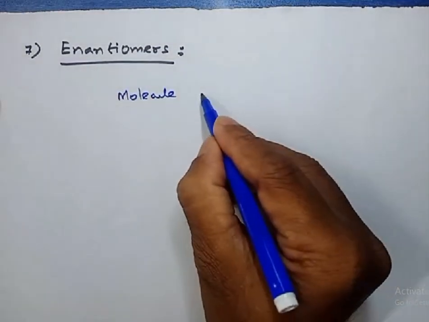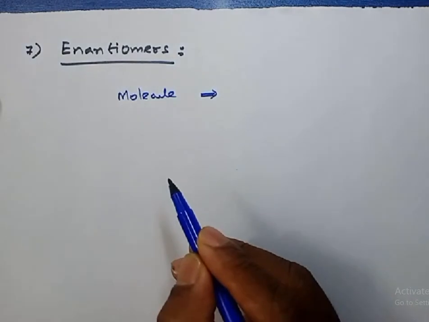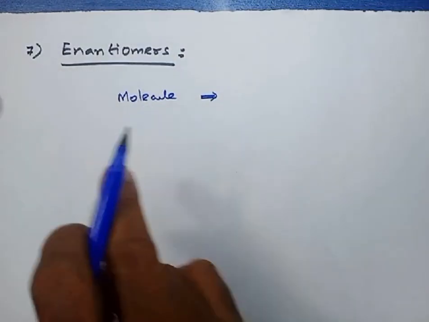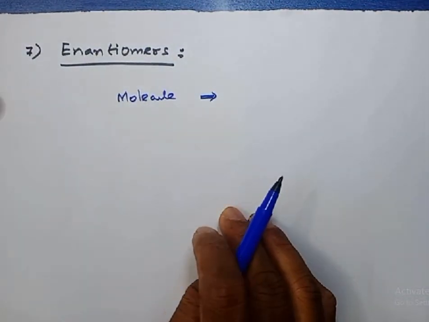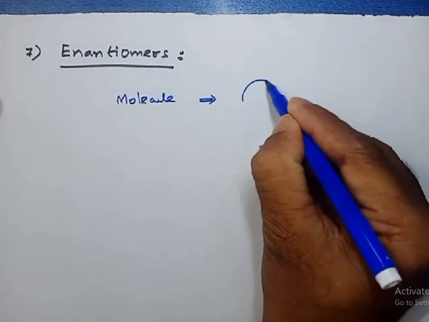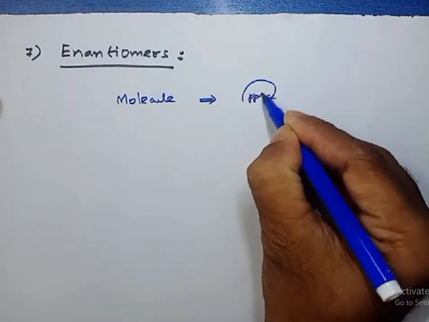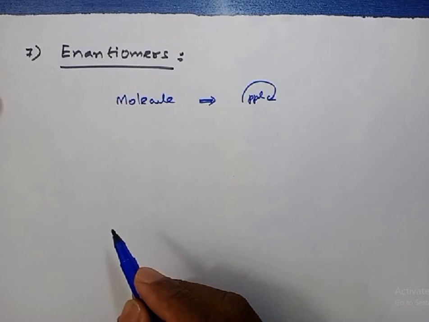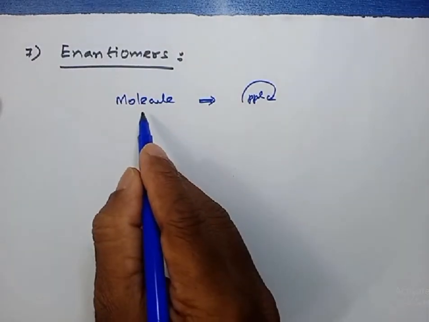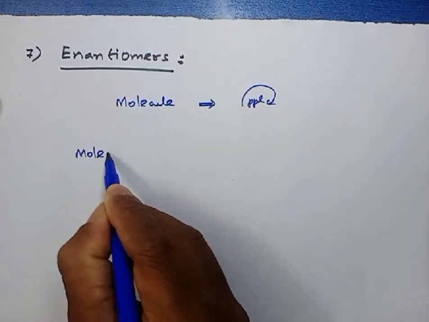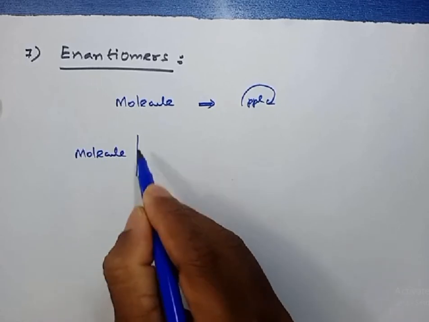Through experiment I find out whether the molecule rotates the plane polarized light clockwise or anti-clockwise. Suppose the molecule rotates the plane polarized light in the clockwise direction. Now listen, the mirror image of this molecule, right? I'll take the mirror image.